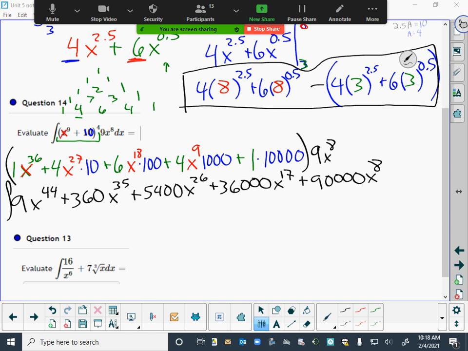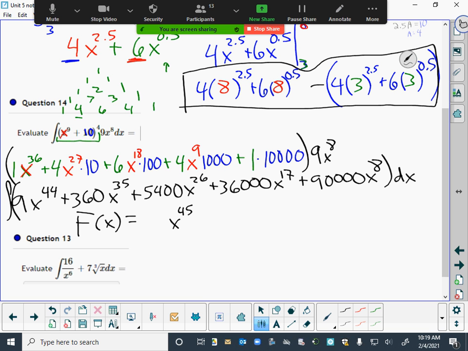Okay. So what it's actually looking for is just what that capital F of x function would be. Okay, so we're saving a step, and all it's looking for is what would the capital F of x be. Well, this x to the 44th used to be an x to the 45th, right?